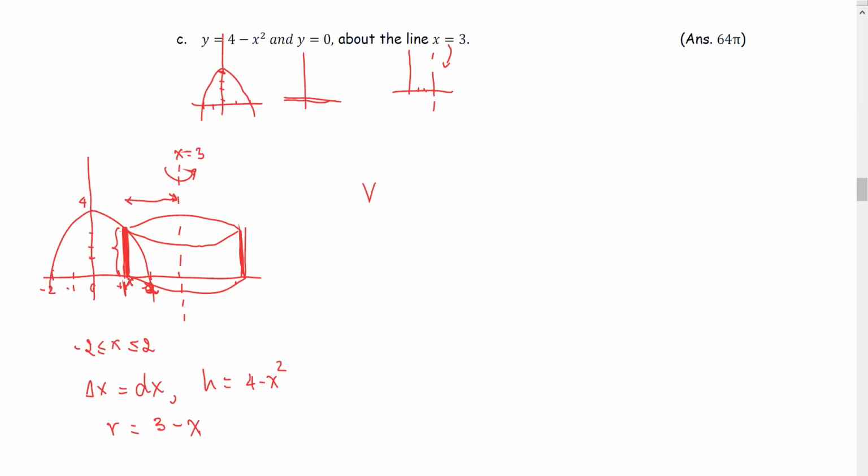Set up the volume of revolution. V equals the integral from negative 2 to positive 2 of 2 times pi times the radius, which is 3 minus x, times the height, which is 4 minus x squared, times the thickness, or dx, or the width.